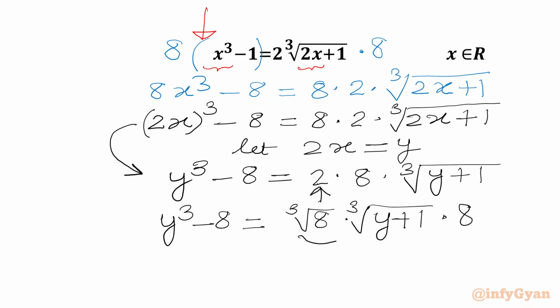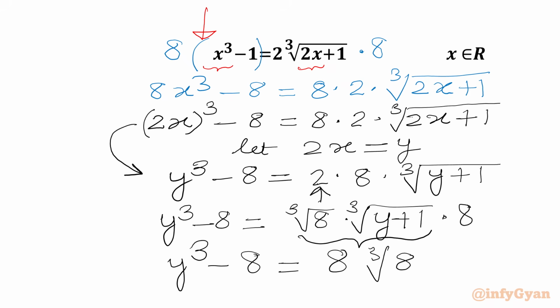Now we will club these two cube roots. And we can write our equation in variable y: y cube minus 8 equal to 8 times cube root of 8 times y plus 1, or 8y plus 8. Now we have to solve this equation.